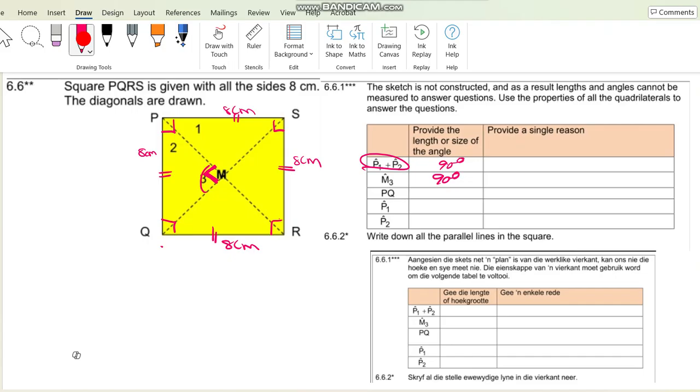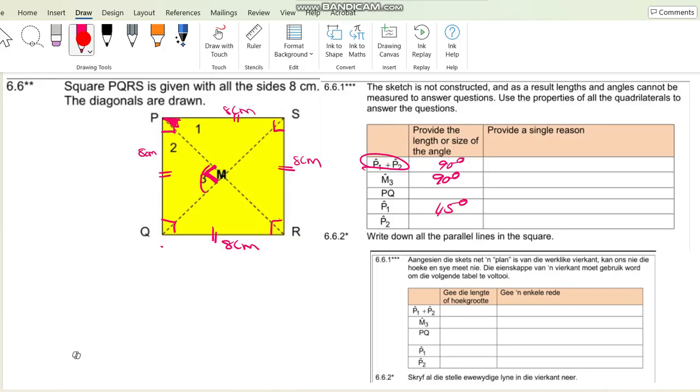Then they ask you, what is the angle of P1? So they just want to know that piece. Just that one. So we know if the whole corner of P is 90 degrees, half of it would be 45 degrees. 45 grade.